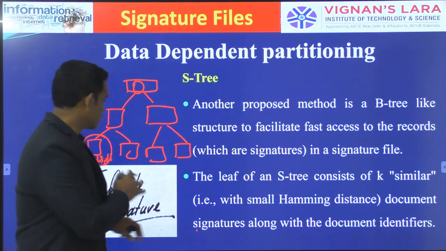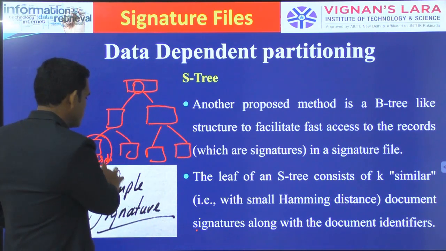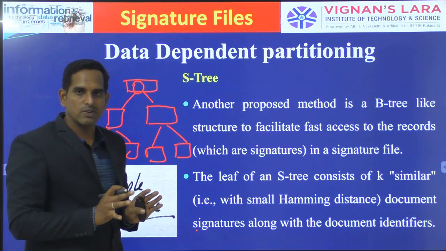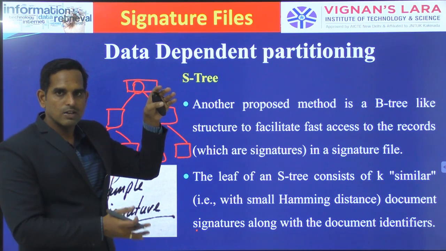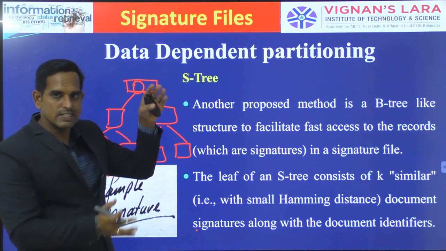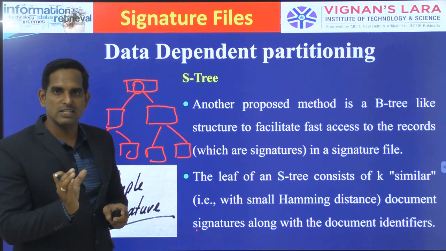Not all signatures will be present in your B-trees. Only similar document signatures will be present. From there, you will be finding the related terms. So remember, you are not trying to search each and everything. You have to break that down into localized form. That is, you will not be searching all the signature space. You will be searching only a part of the signature space.